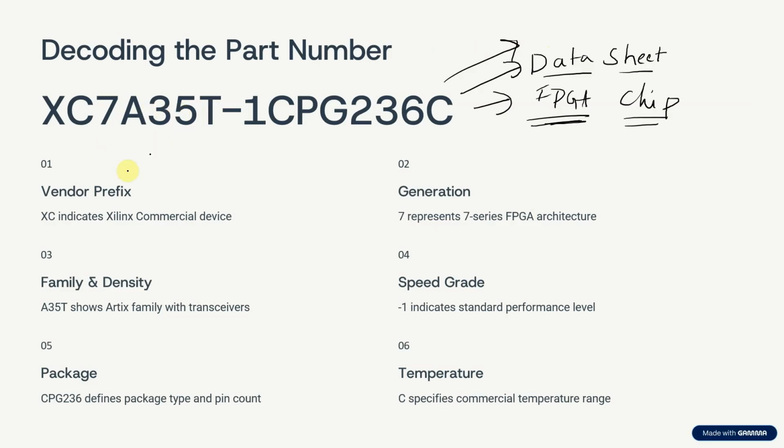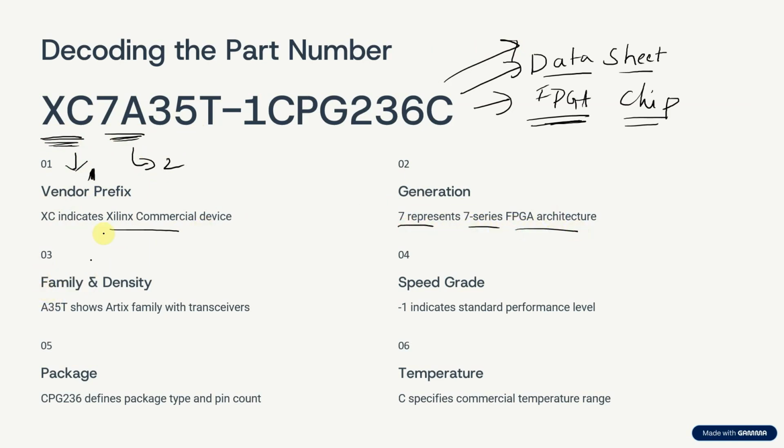Now, the first one is vendor specific. This XC we have indicates it is a Xilinx commercial device. XC will tell you which vendor it is, and the 7A will tell you the generation. So 7 represents the 7 series FPGA architecture.